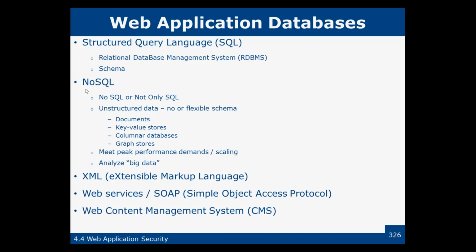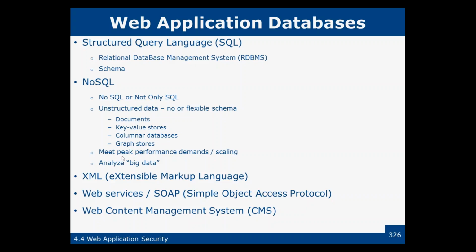Then we have the NoSQL, which is an unstructured data, but you can have structured data within it. The unstructured data here, no, or a flexible schema, has documents, key value stores. It does not have columnar database. It can have columnar databases, but that's not a requirement.